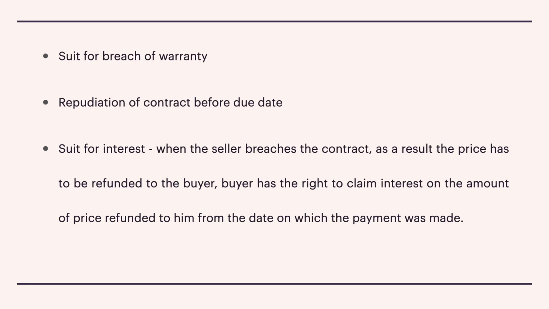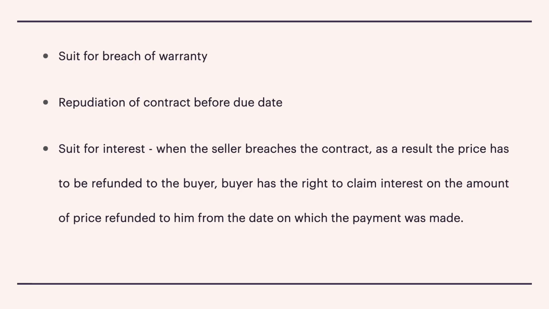Second, a situation where the buyer decides that he chooses to treat the breach of condition as a breach of warranty. He himself chooses it as breach of warranty and claims damages, correct? Now one such is suit for breach of warranty. Warranty and condition, I hope you know the difference because we studied it last class.